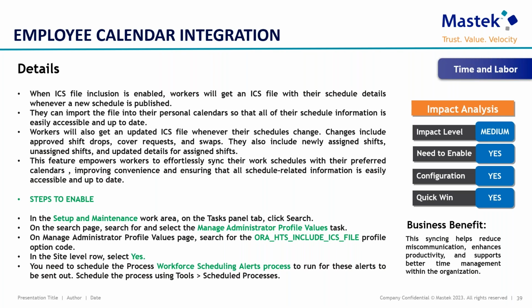In this particular feature, Oracle is giving us an option to make sure that as and when the new schedule is published, if we are using any integration or the work schedules for that particular set of employees, their schedules will automatically change. This particular sync will help reduce miscommunication and enhance the productivity of a specific staff.